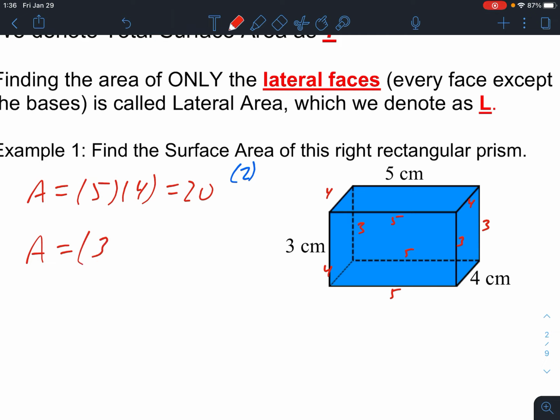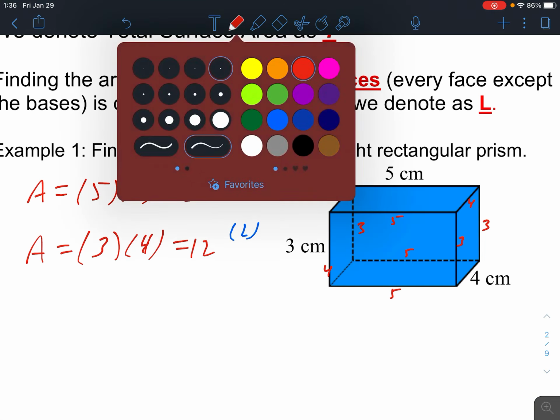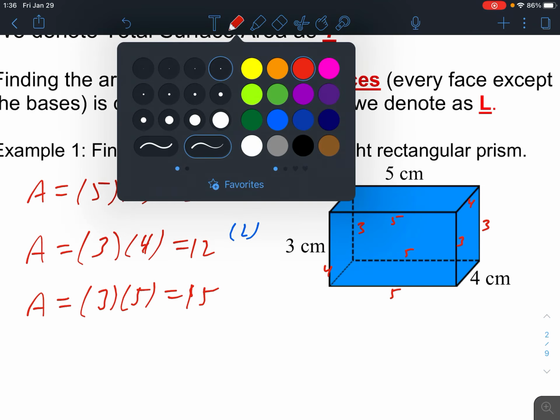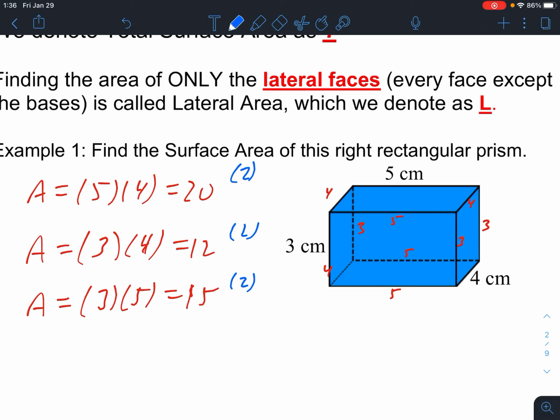The left side is length times width, 3 times 4, which is 12. And again, keep in mind that there are 2 of those. And if we did the front, we would be doing 3 times 5, which is 15. And once again, keep in mind there are 2 of those, one in the front, one in the back.